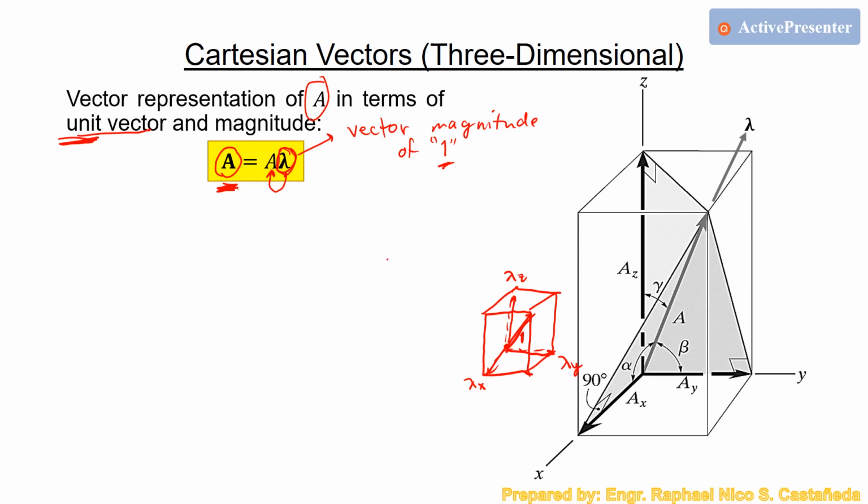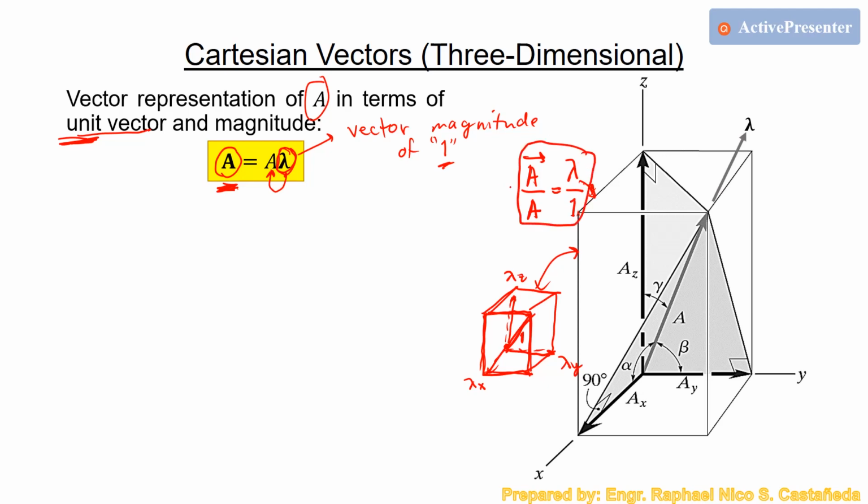If we compare these two shoeboxes, let's say they are proportional, meaning the ratios of the sides are proportional to each other, with this bigger box right here. We can say that vector A, in terms of its magnitude A, equals lambda divided by its magnitude, which equals 1.